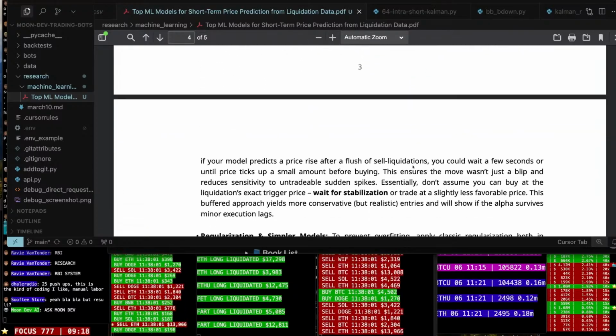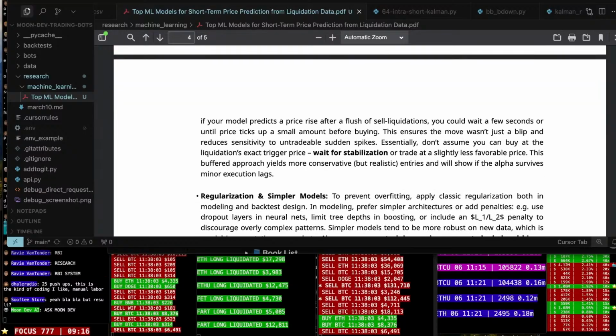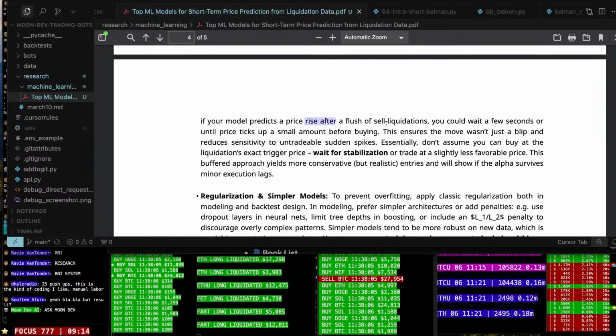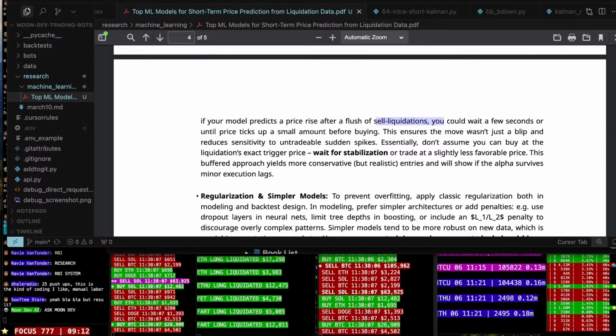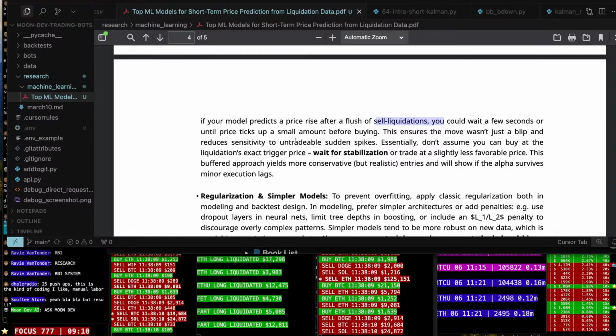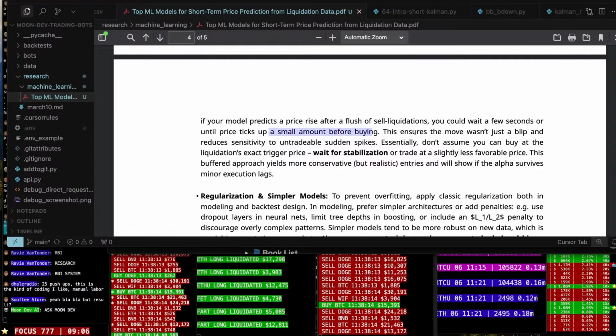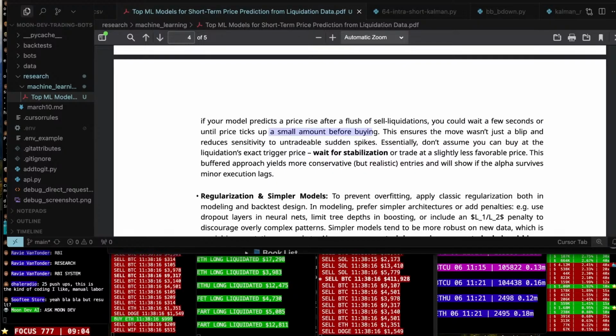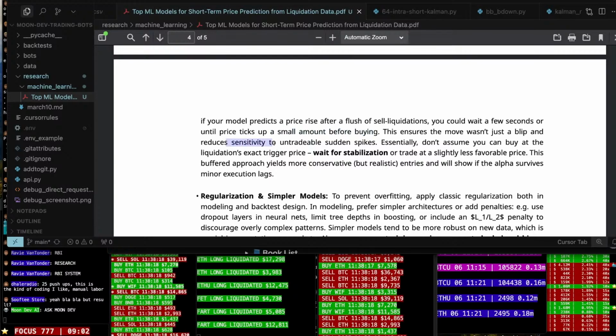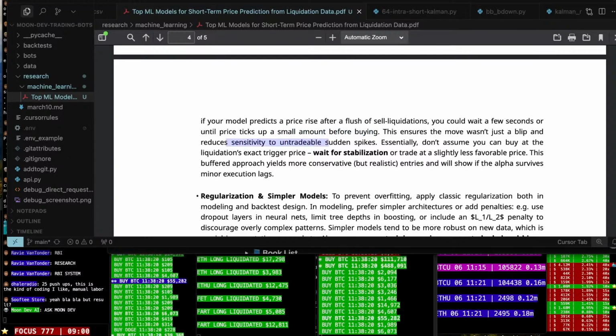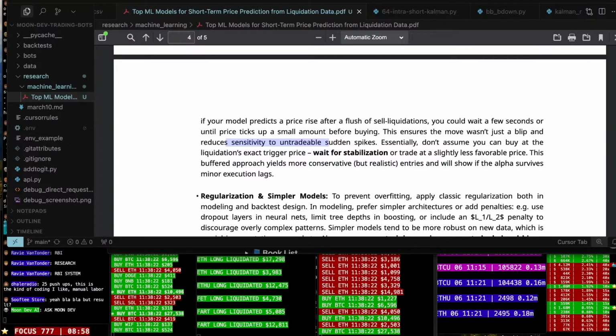For instance, if your model predicts a price rise after a flush of sell liquidations, you could wait a few seconds or until price ticks up a small amount before buying. This ensures the move wasn't just a blip and reduces sensitivity to untradeable sudden spikes. I like that actually, the time.